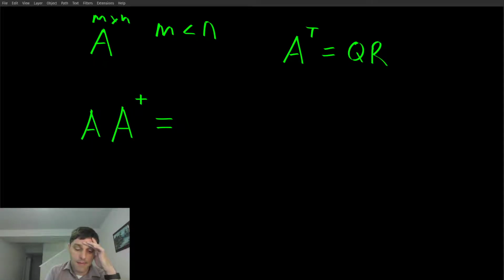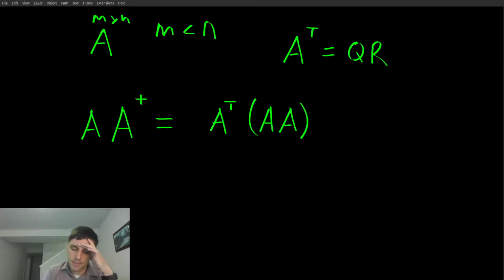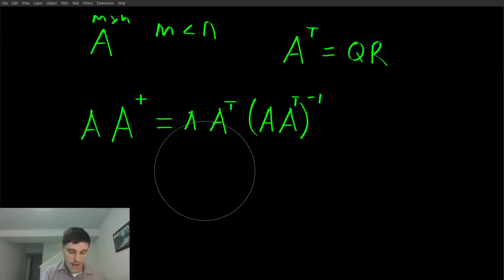A A plus has to be the identity. So I'm thinking, okay, I need an A transpose on the right, to start with, that will cancel that thing, and then I do A A transpose inverse, right? And that way I know when the A appears over here that I have the inverse of it ready to go, and I can cancel those out, right?